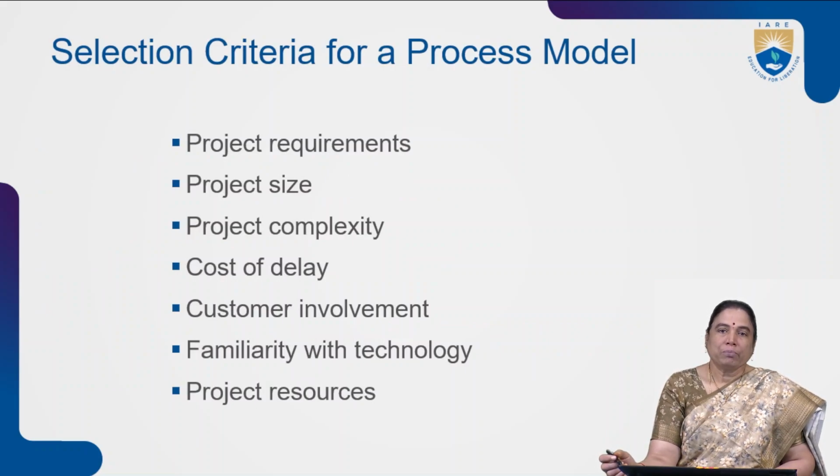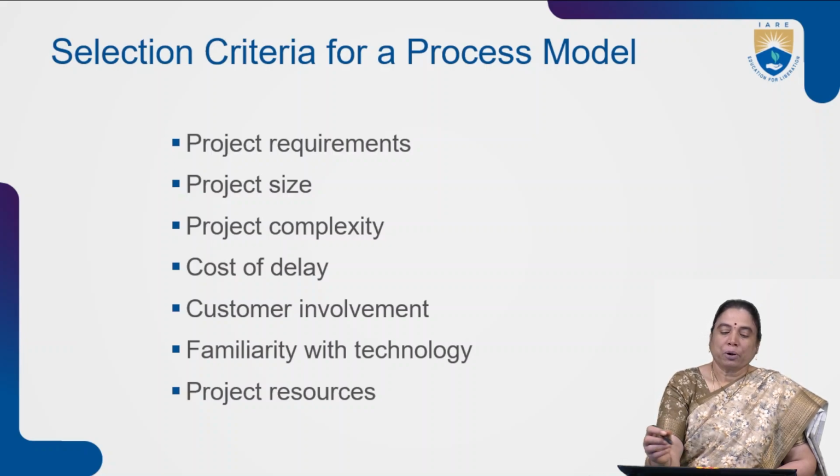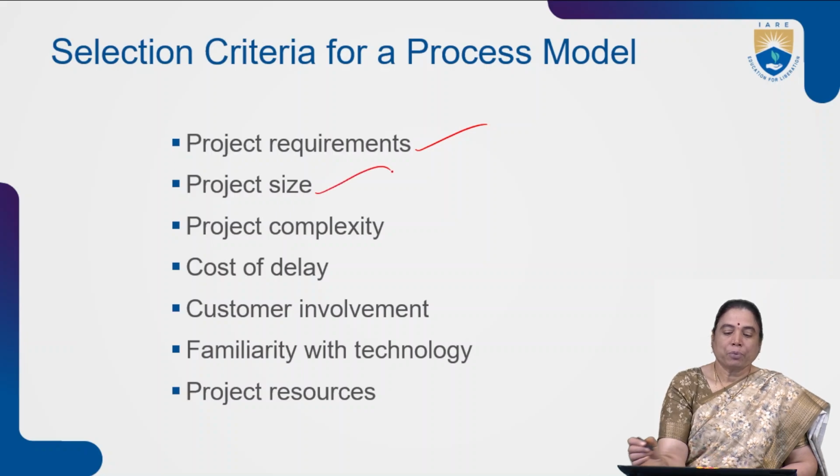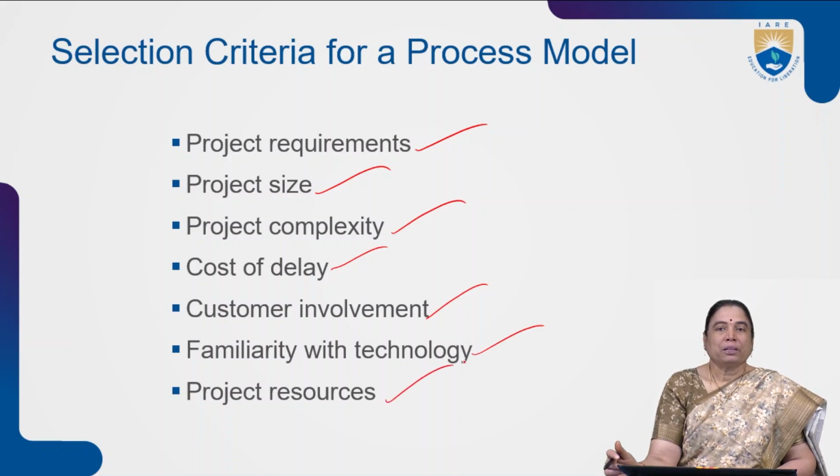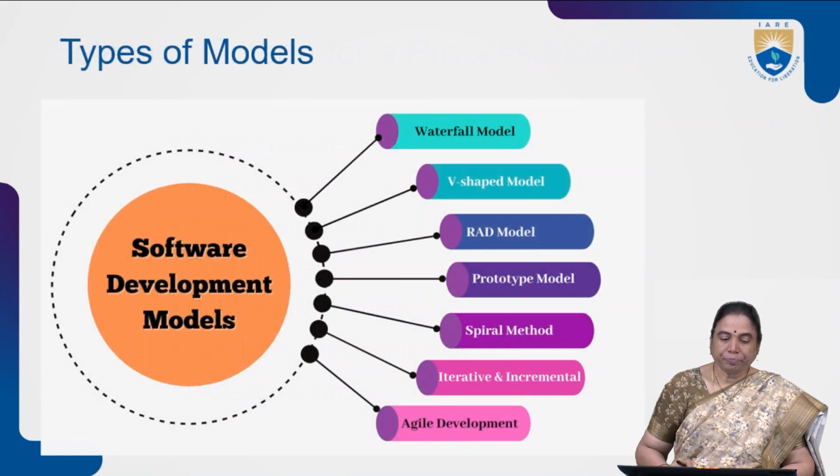Which process model must be adopted depends upon the project requirement, project size, project complexity, cost of delay, customer involvement, familiarity with technology, and project resources. So, depending upon the domain and nature of the project, the process model must be adopted by the software companies.